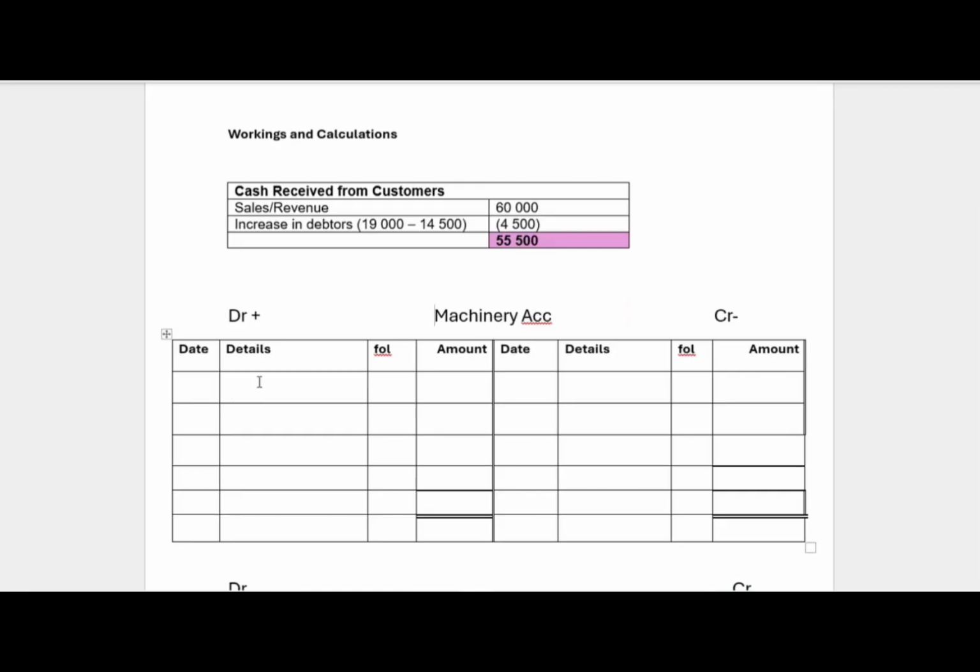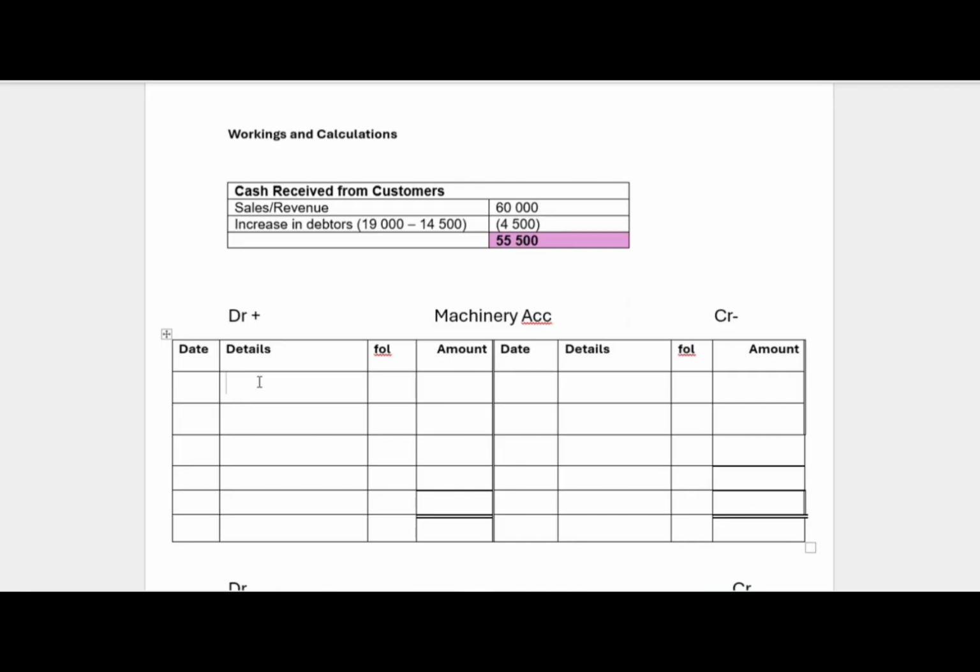And then remember, machinery, you can say plant and machinery, no problem. Machinery is an asset and it increases on the debit side.